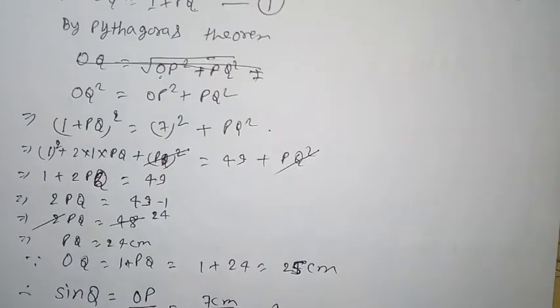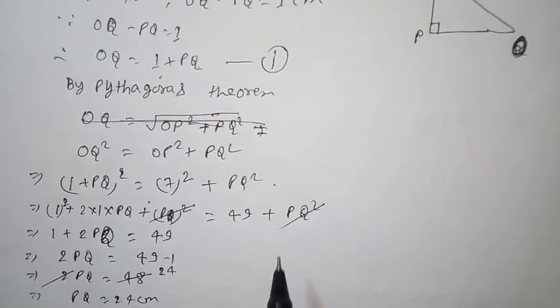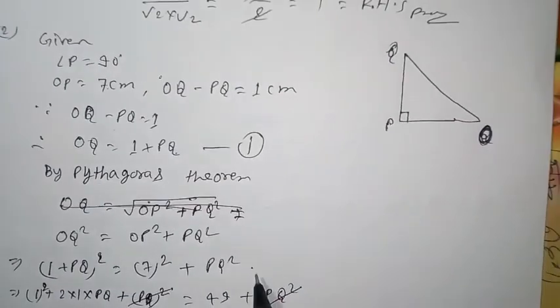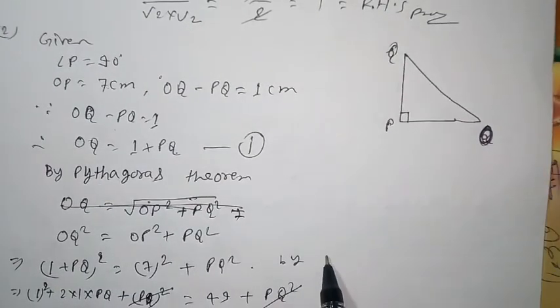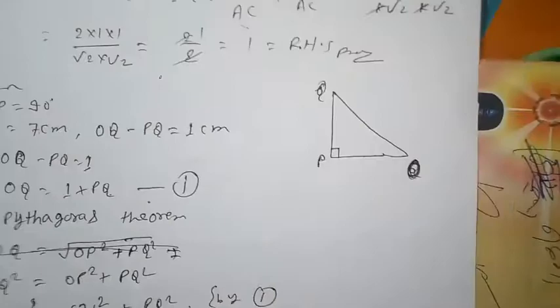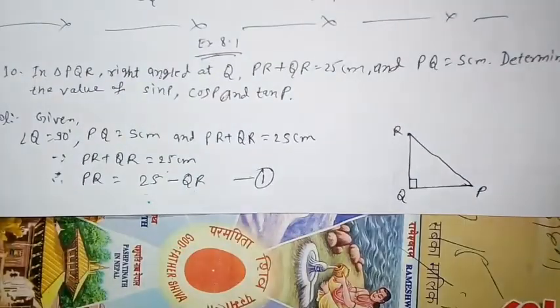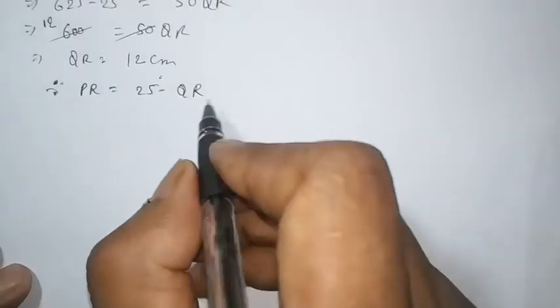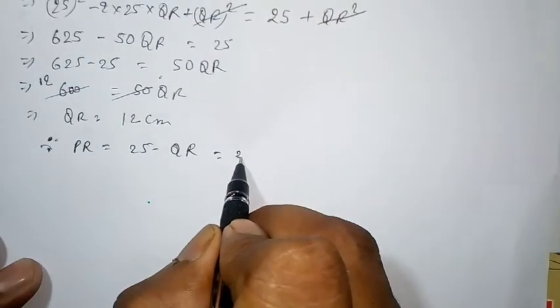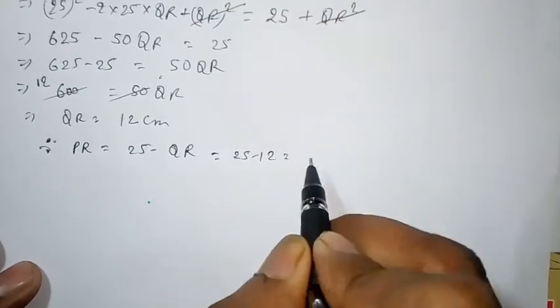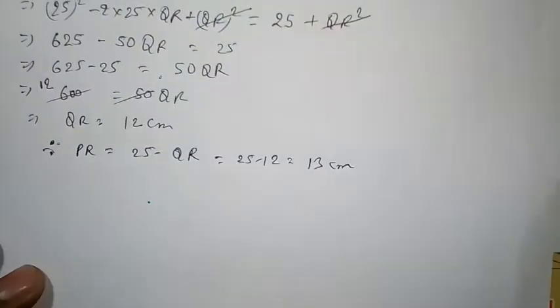You can also write it in the practice question here, by equation 1. Implies 25 minus 12 is equal to 13 centimeter.